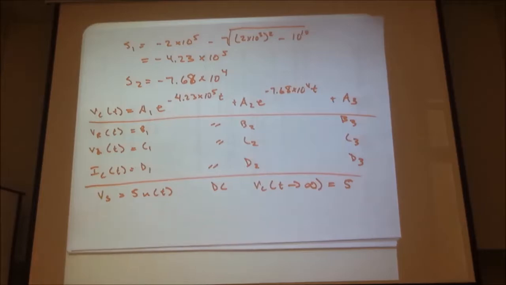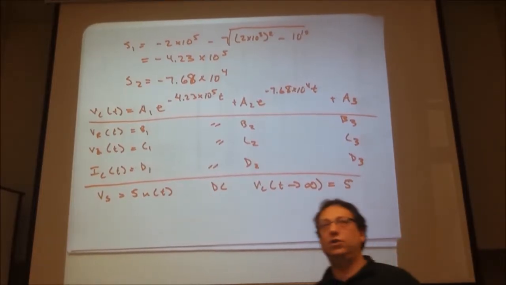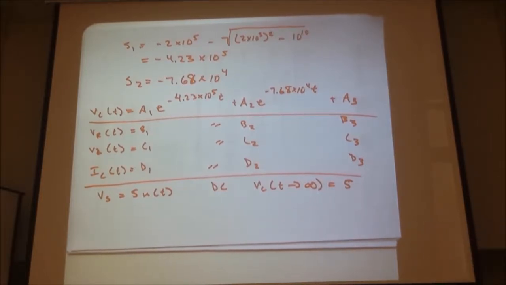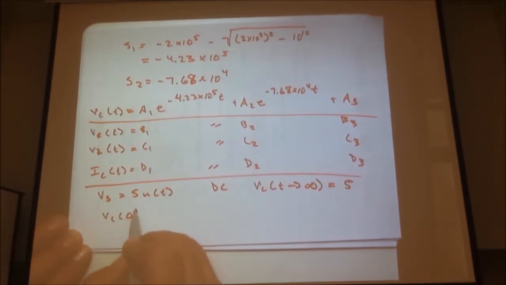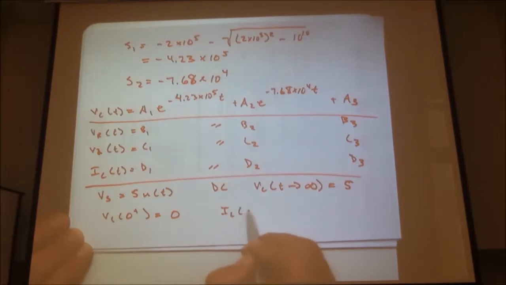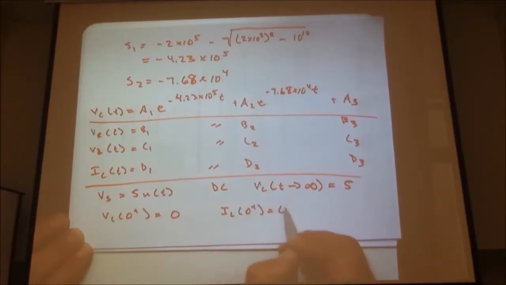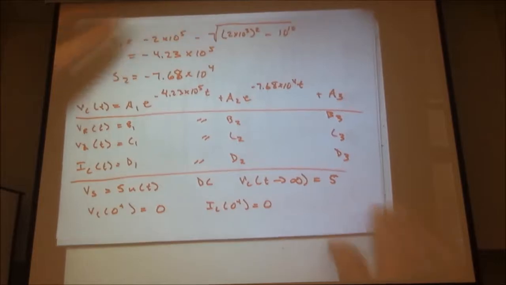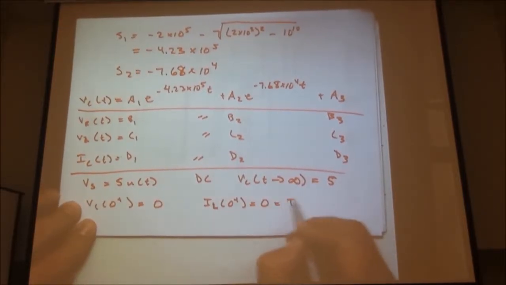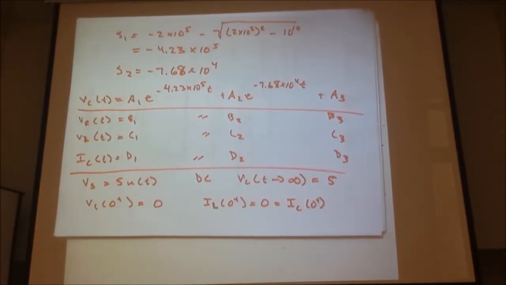What else does this expression tell us? We have a source that turns on at t equals 0, so what are our initial conditions? 0. And so we also know VC 0 plus equals 0, and IL 0 plus equals 0. Why is this one important? Well, that's an IL. That's also IC 0 plus, which is what?